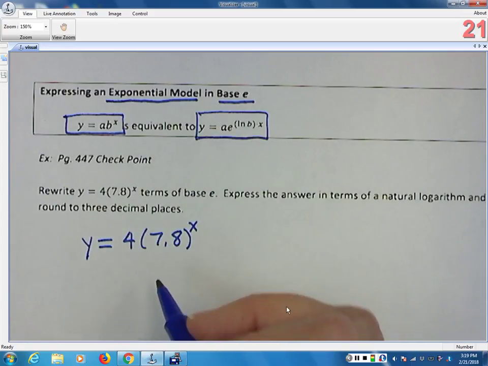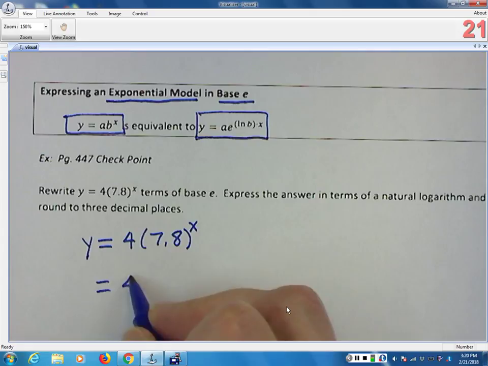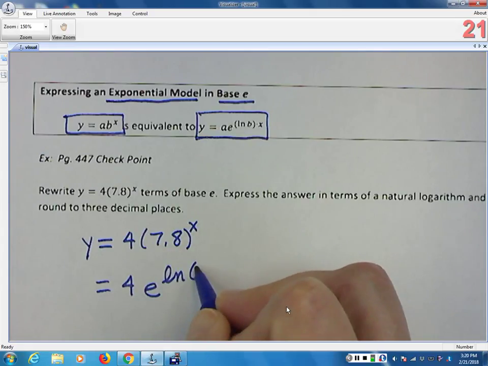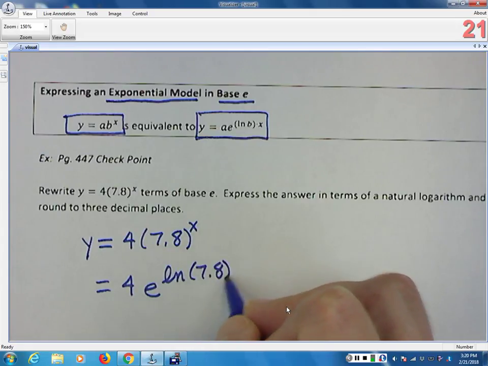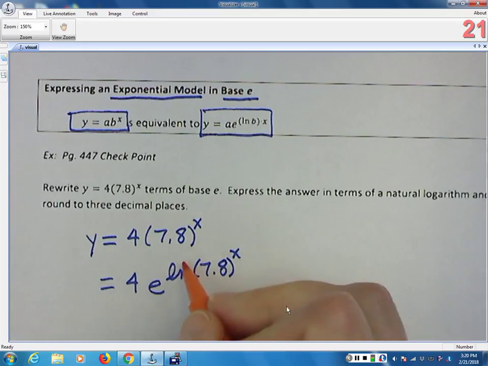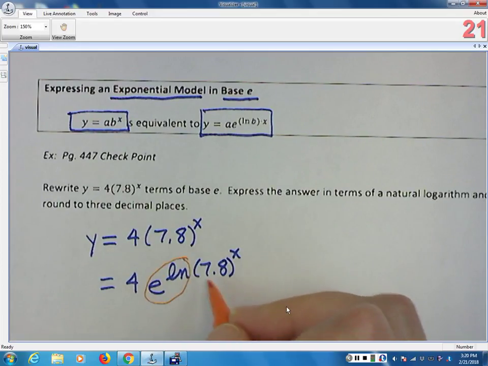We're going to insert an E to the natural log, and then this brings this up here. We inserted E to the natural log. We can insert this as well as cancel it out. So we inserted this. It brought this stuff up into the exponent.